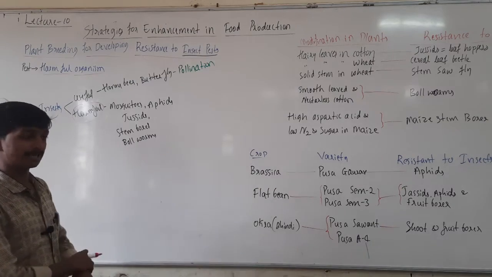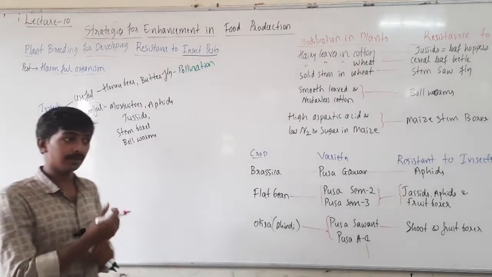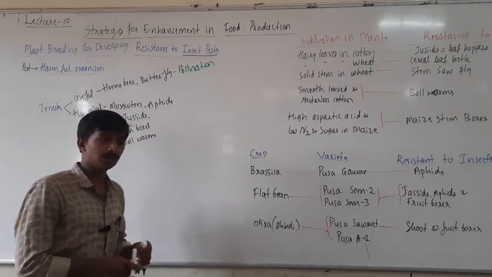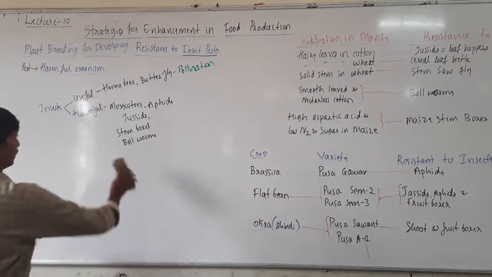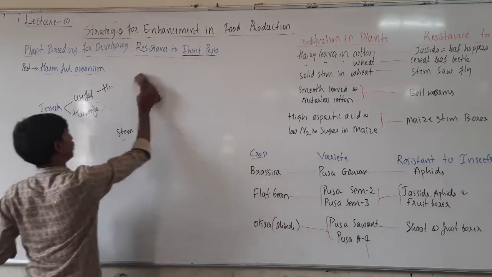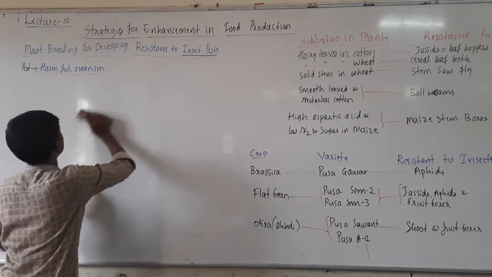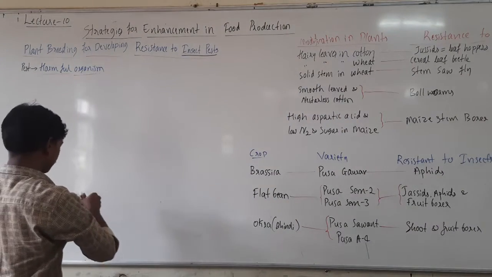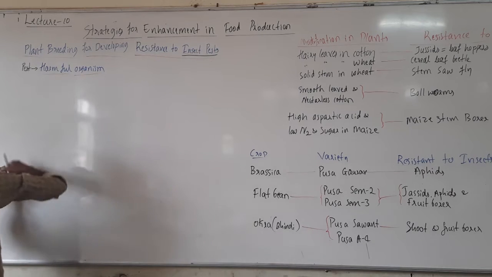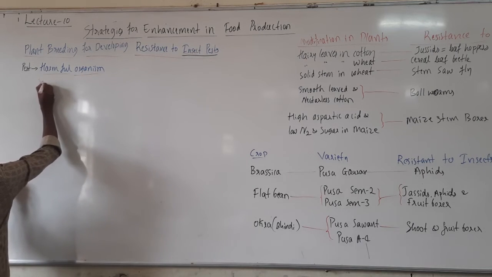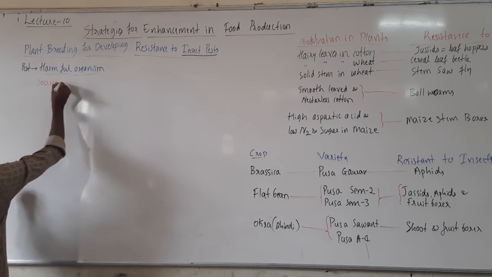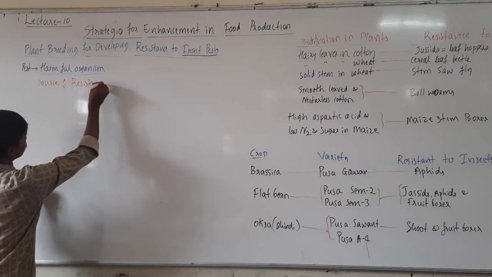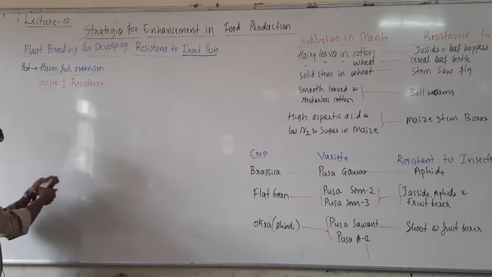So our aim of plant breeding is to develop plants resistant to the insect pests. We all know the common methodology of plant breeding. Here first we need a source organism. Source organism means source of resistance. For developing the resistance we need some source.